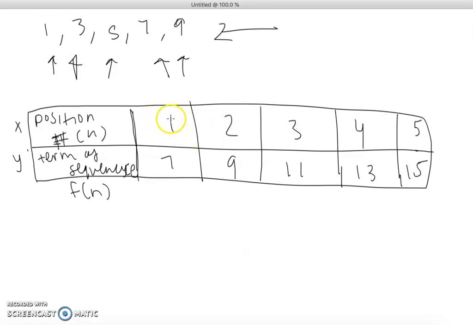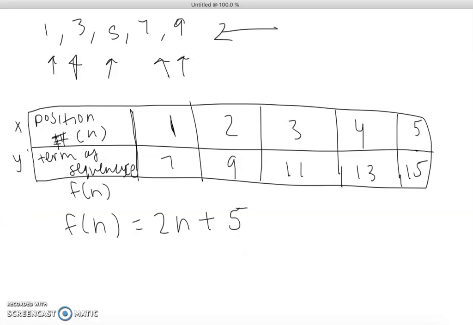The first value is being multiplied twice, and then it's being added by 5. So it's just f of n is equal to 2n plus 5. So this is the sequence function for the terms of the sequence.